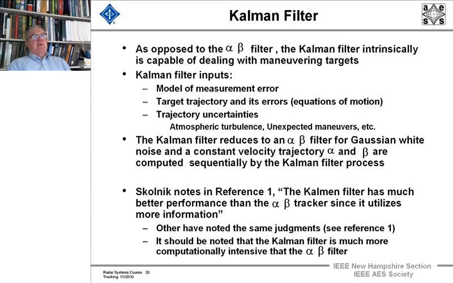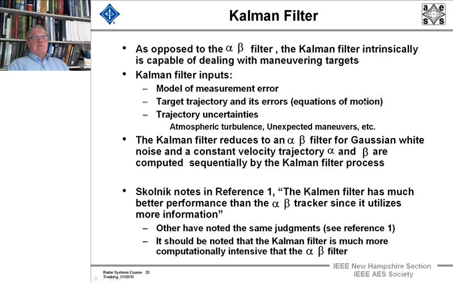Now we're going to discuss Kalman filters. As opposed to an alpha-beta filter, a Kalman filter intrinsically is capable of dealing with maneuvering targets. It's part of the nature of the formalism. You input into this filtering process a model of the measurement error, the target trajectory, and its errors.